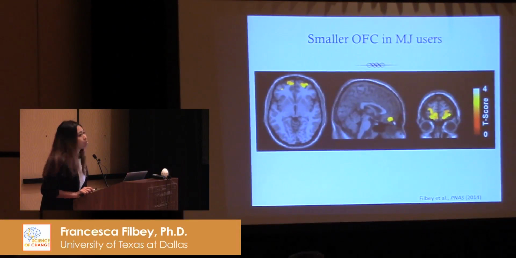And what we found was that an area called the orbital frontal cortex was smaller in chronic users relative to controls. This area is important for adaptive learning and also for motivation. And so that really piqued our interest, and we wanted to investigate that further.